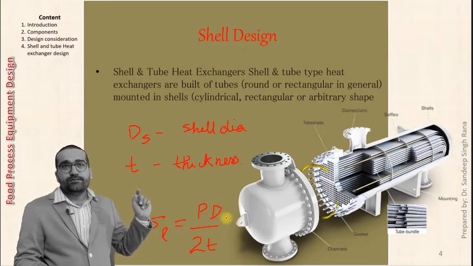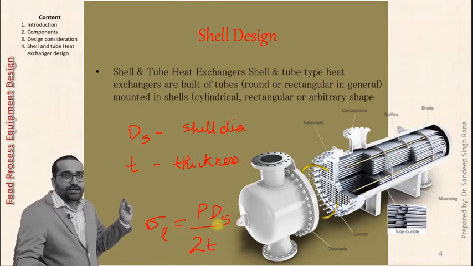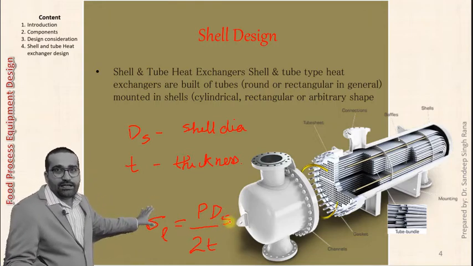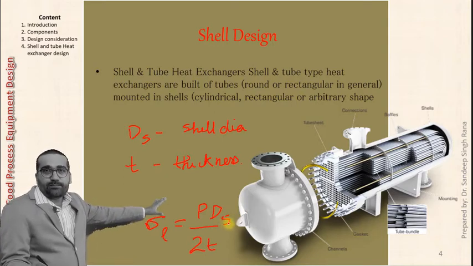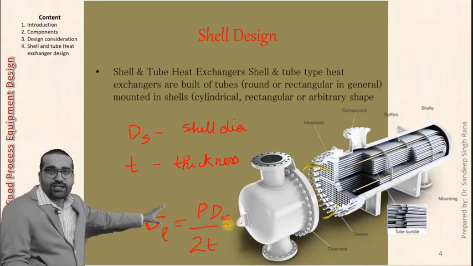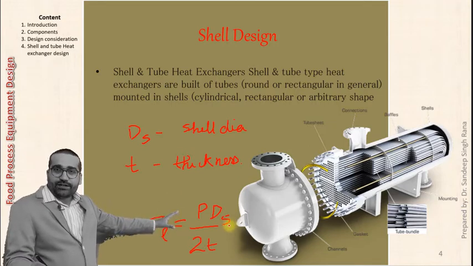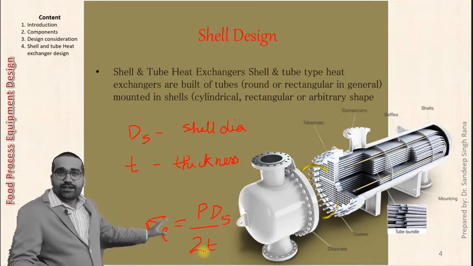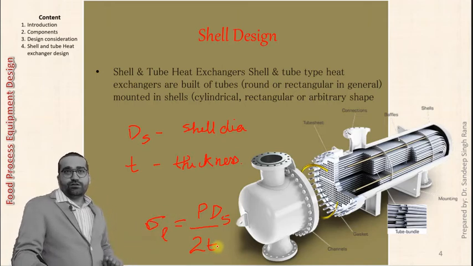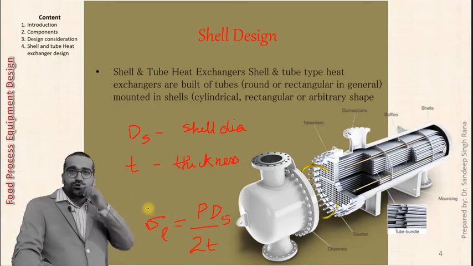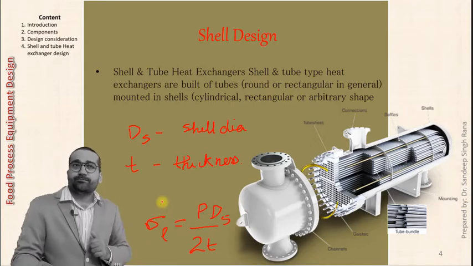In this case, since we are designing the shell, sigma L is hoop stress, P is the pressure inside the shell, D is the diameter of shell, t is nothing but the thickness of the shell. So this is the formula we basically use to design for the thickness.